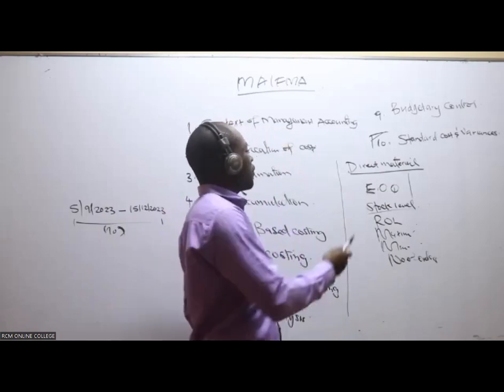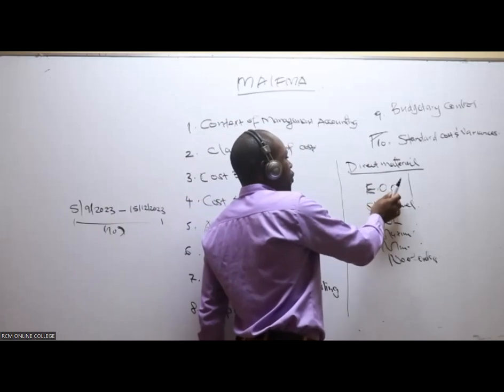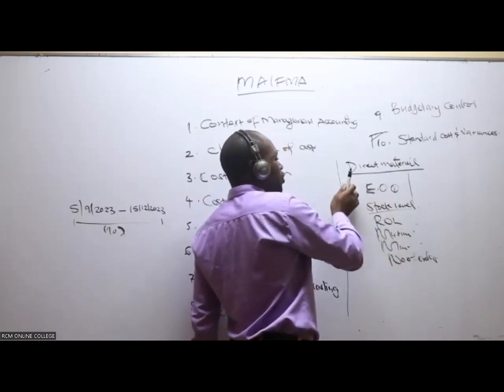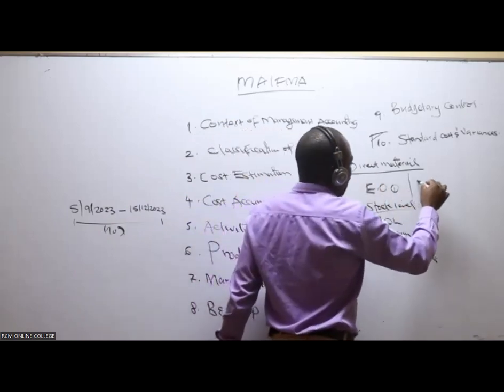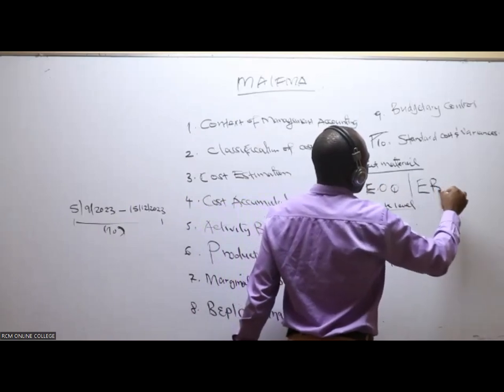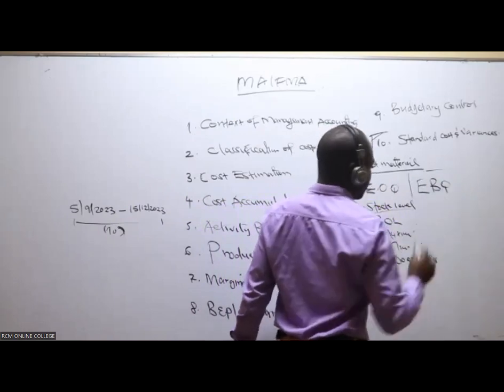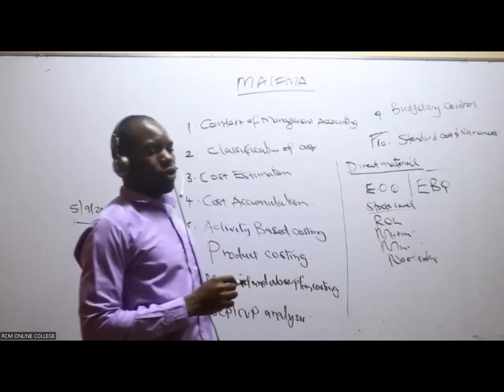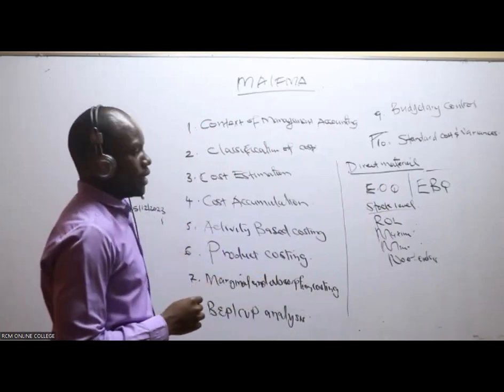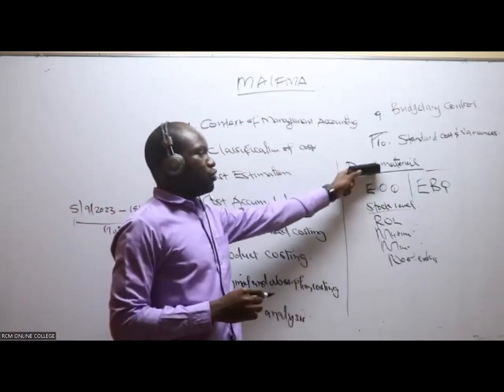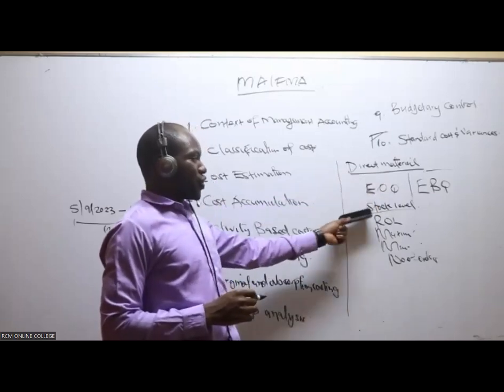So in the place of economic order quantity, whereby this person is going to order the goods, when they are producing, we now call it economic batch quantity. That is what we are going to discuss here under stock level.